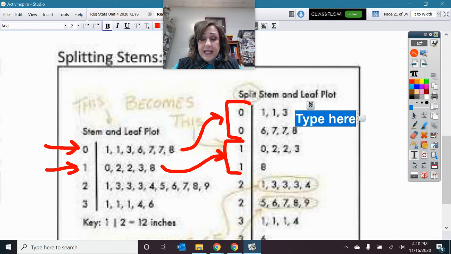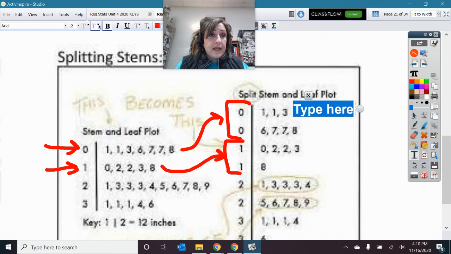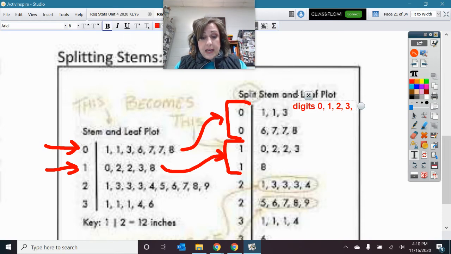So everything in this row here, all the leaves in this first part of the stem, are going to be digits 0 up to 4. Digits 0, 1, 2, 3, and 4. Okay?